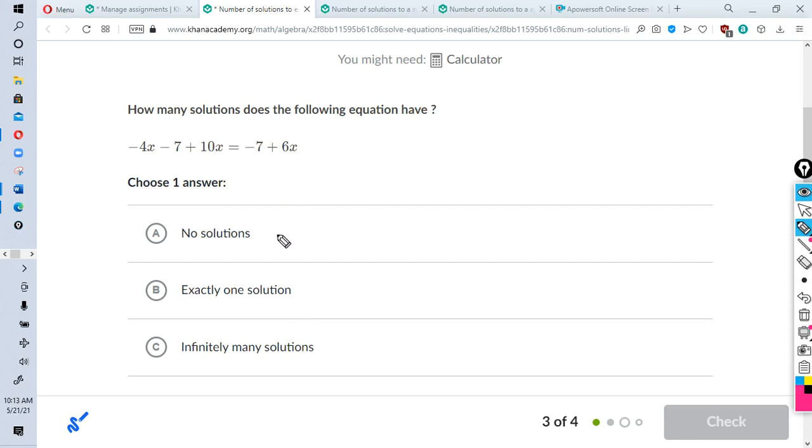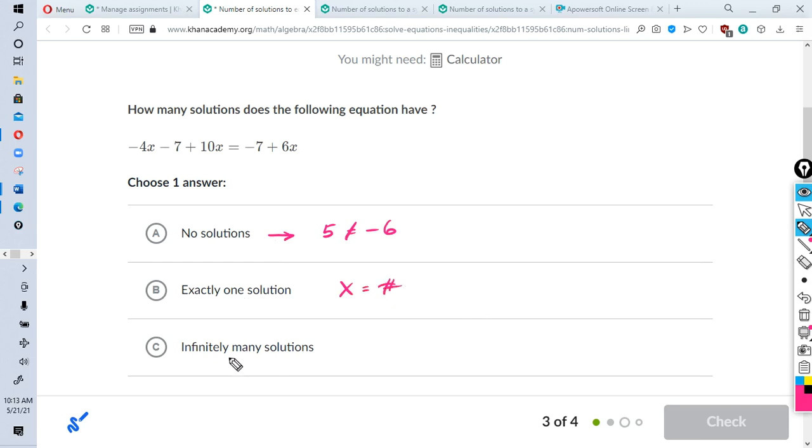If you get no solutions, what you'll end up with is something that is never true. So you may end up with something like 5 equals -6, and we know that's not true. So in that case, it'll be no solution. If it's exactly one solution, you'll be able to solve for x. You'll be able to get x equals some number.